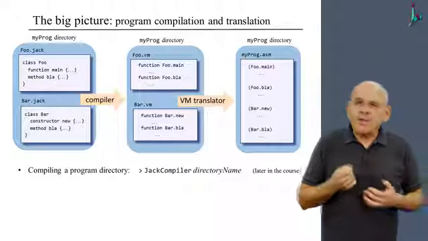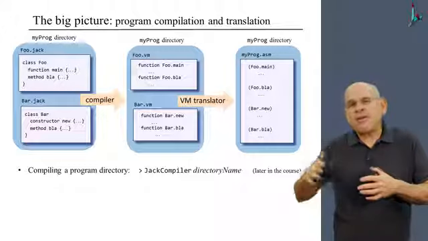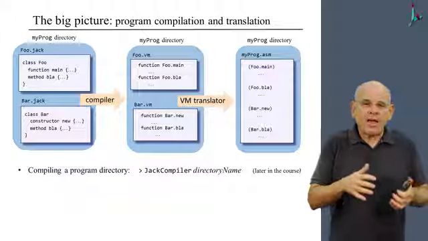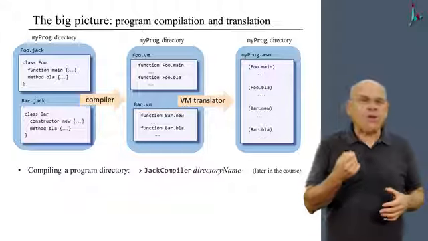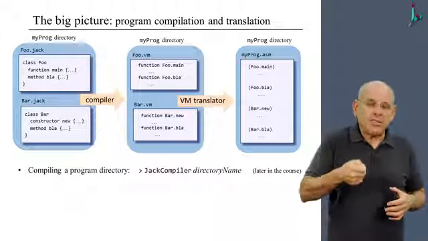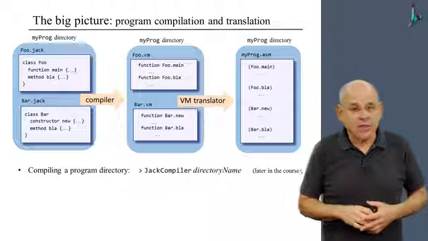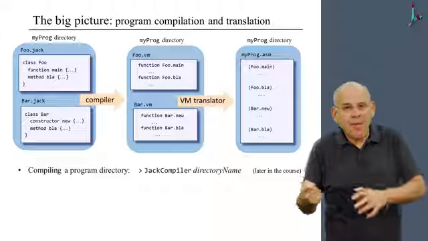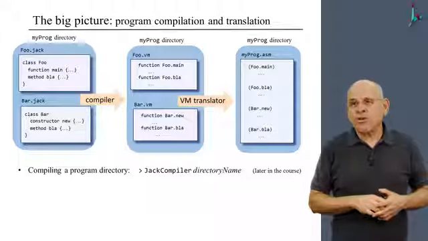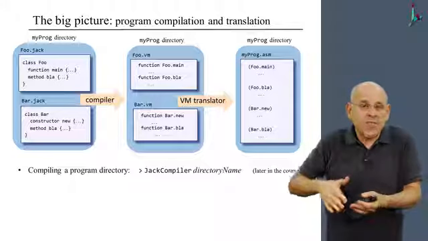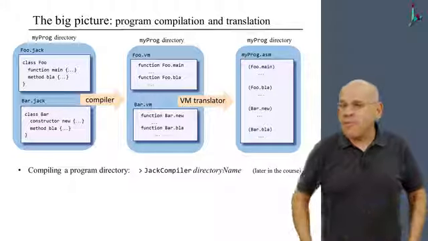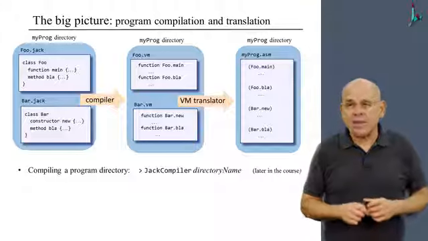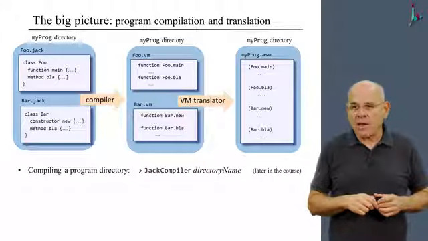So notice how several things got lost in the translation. When we translated from Jack to the VM, we lost the notion of constructors, methods, and functions, because everything became functions. And when we translated from the VM to assembly, we lost the notion of functions, because now we just have a long stream of assembly commands, and we have to use assembly in order to capture the semantics of the source VM code.